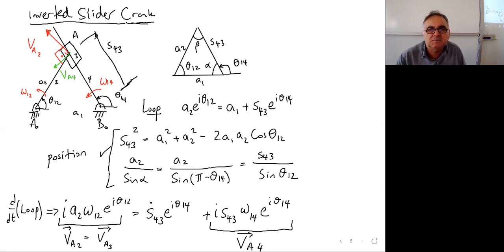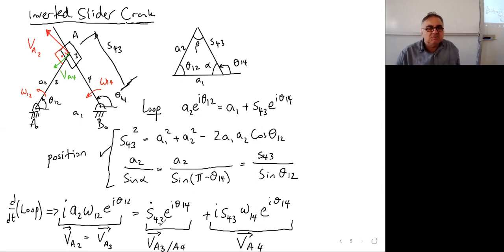What is left is the relative velocity of the slider with respect to link 4. Okay, so this is, oh, sorry, velocity of A3 with respect to A4.